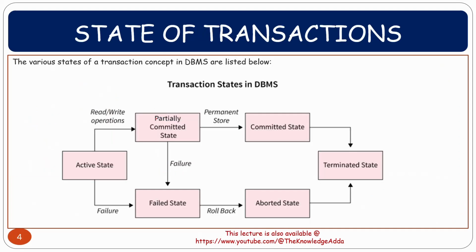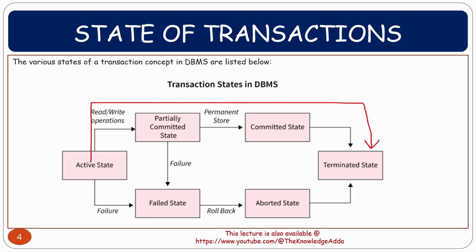Now, these are the states of a transaction. By this picture, you can easily understand how your transaction is going to work. First, when you start writing any query, this is called the active state.